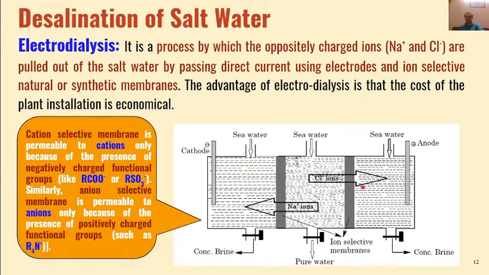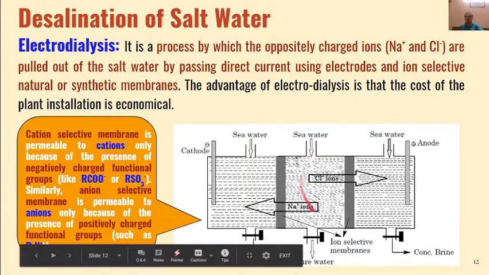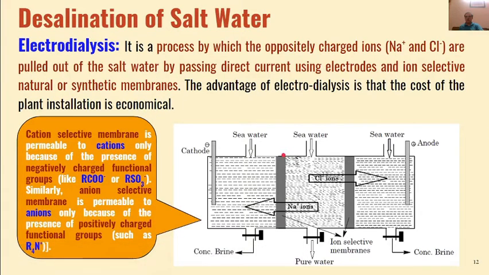Seawater is present in the center, and towards both the ends we have ion selective membranes: one is an anion selective membrane, the other is a cation selective membrane. The cation selective membrane is permeable only to cations.